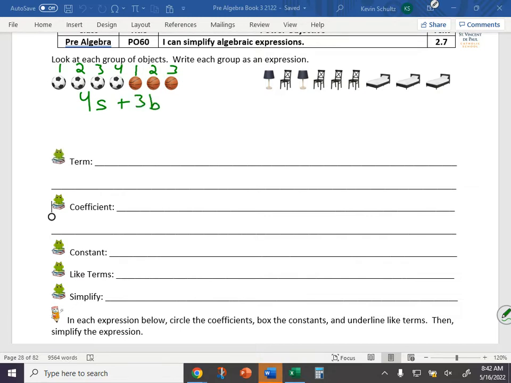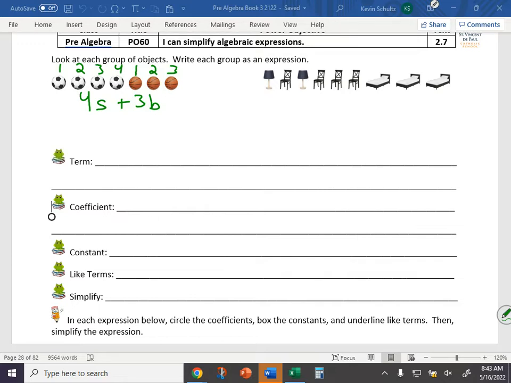So our expression here, rather than having 7 objects all written out, we could write it as 4s plus 3b. We can't combine these because they're not what are called like terms. Soccer balls are different than basketballs. They're not the same thing, so we keep them separate.